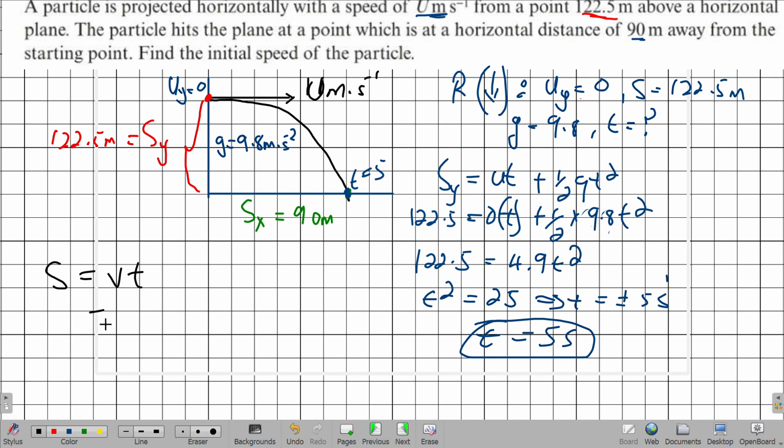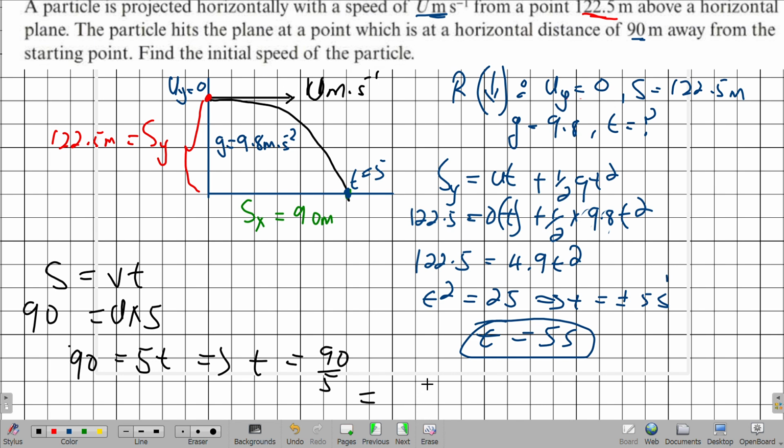Since the displacement is 90 here and the velocity is u, the time is 5, this gives us 90 is equal to 5u, which further implies that u is 90 divided by 5.